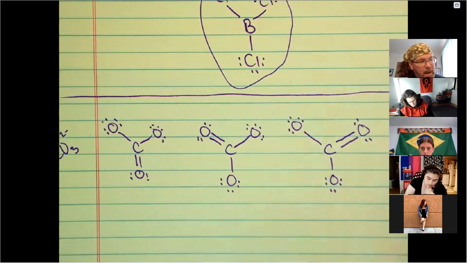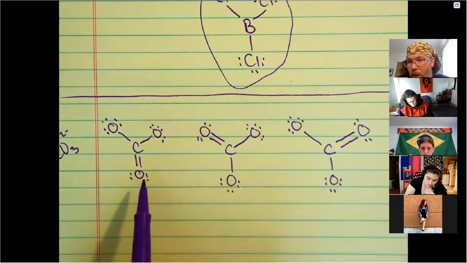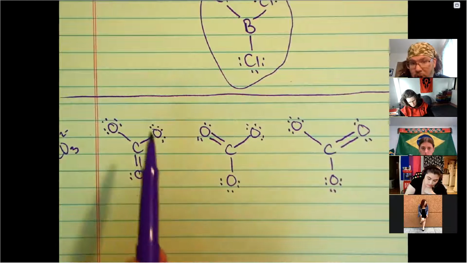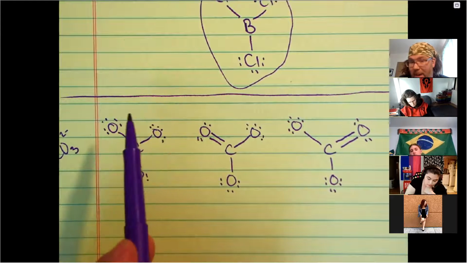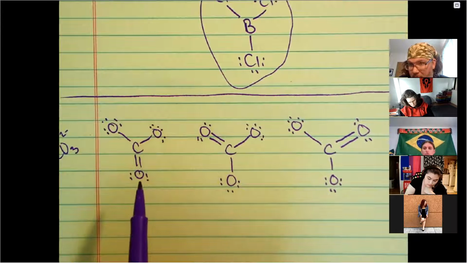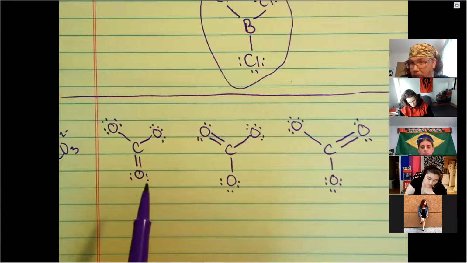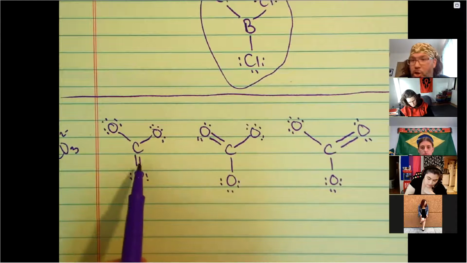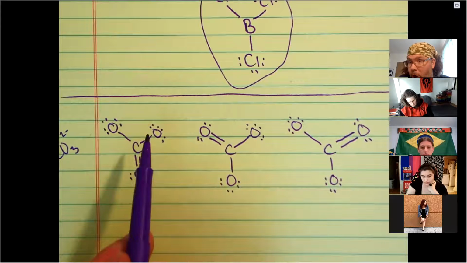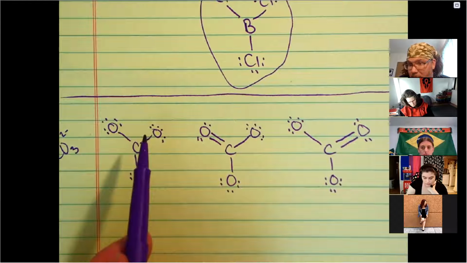Now, if this Lewis structure was a correct Lewis structure in terms of telling us about the chemical truth of carbonate, what we would expect to see when we looked at carbonate in terms of bond length is 1 shorter carbon-oxygen bond and 2 longer carbon-oxygen bonds.